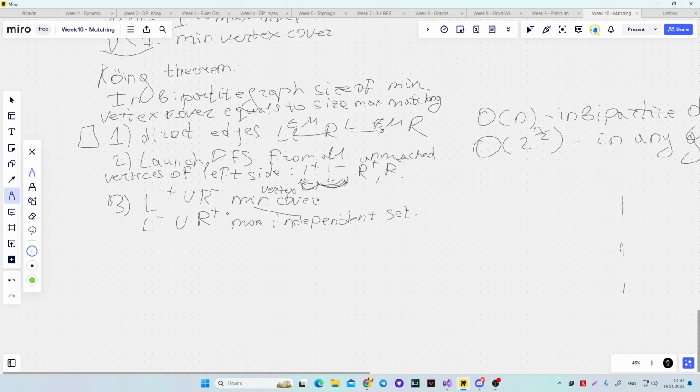Why am I overwrought like this? It's not true. This is an independent set, a max independent set, and the rest will be the minimum vertex cover.